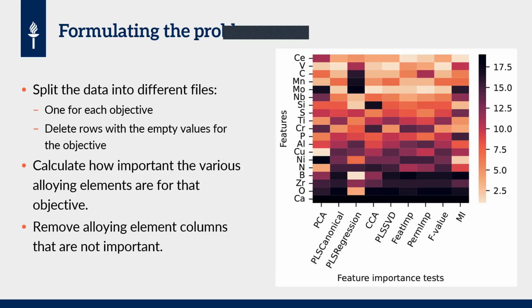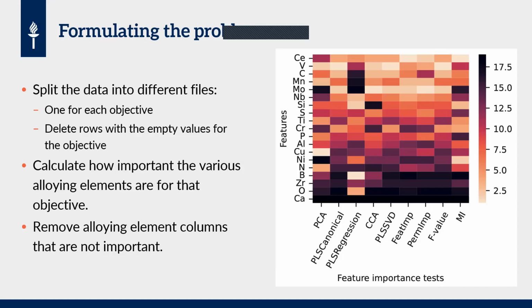But basically, they can tell us whether a certain input variable, in this case a decision variable, an alloying element, was important to a certain objective. And based on a bunch of tests, we see that cerium or vanadium and carbon seem to be very important, but calcium, zirconium, or oxygen are not as important.